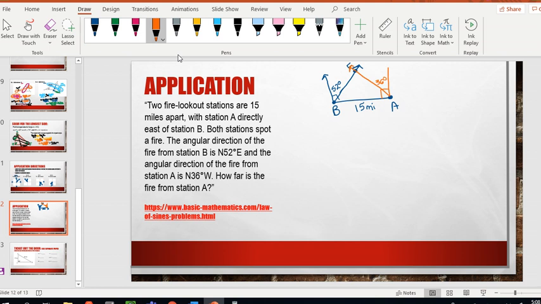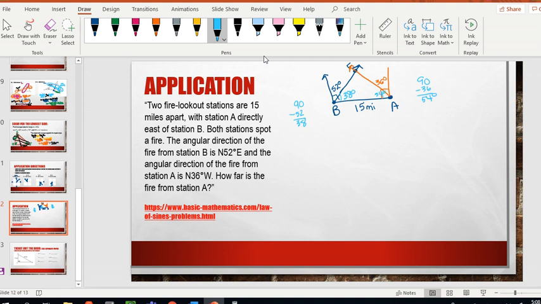And what we don't have is this lovely little part right here. So I'm going to do 90 minus 52 is 38. So this one is 38 degrees. And then 90 minus 36 is 54 degrees. So this one's 54 degrees.